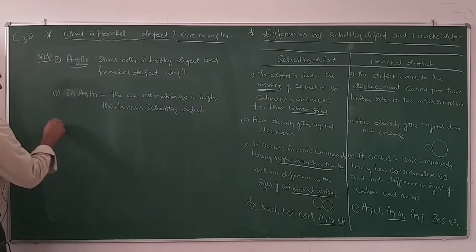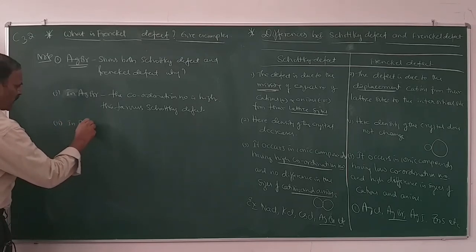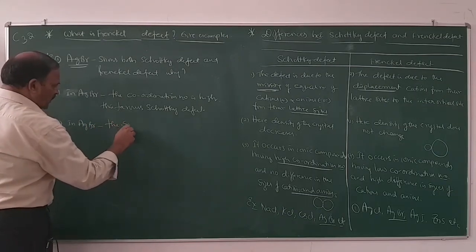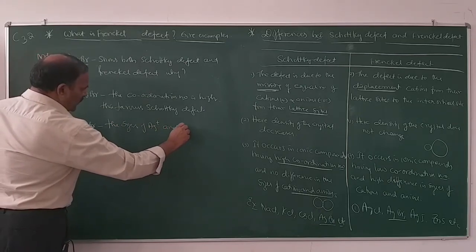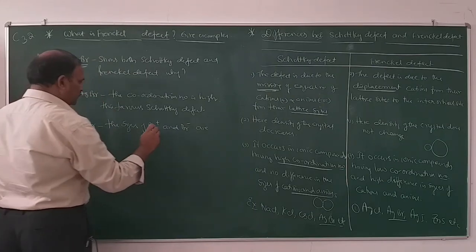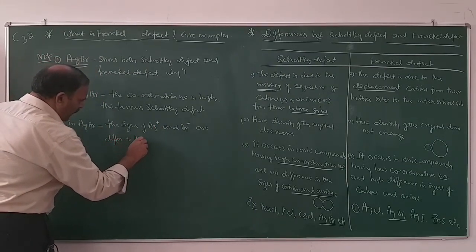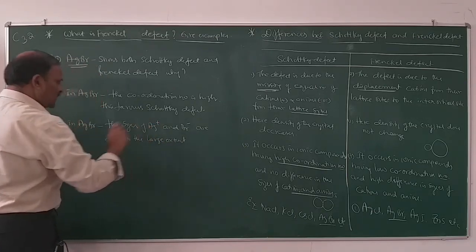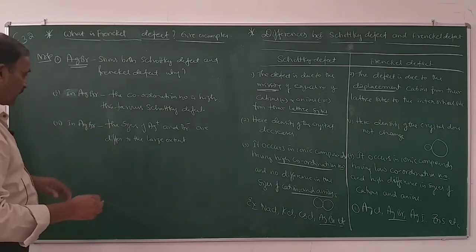Number 2, in AgBr, the sizes of Ag plus and Br minus differ to a large extent. So the sizes of Ag and Br are very much different.